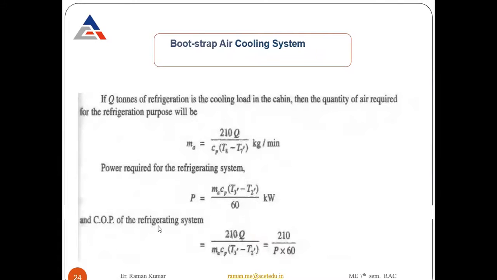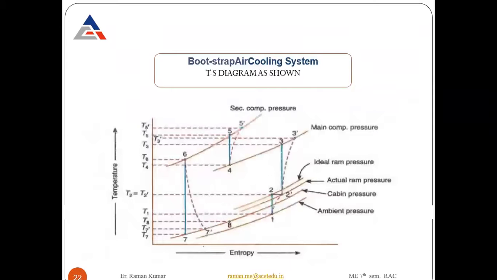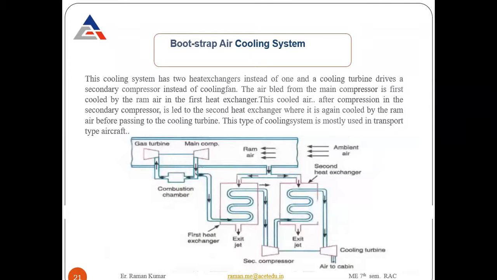The COP of your refrigeration system is 210 into Q divided by MA CP (T3 dash minus T2 dash). So this is how you can calculate the value of the COP. As I have already told you, you only need to calculate the power from the main compressor. Okay. So this is all about the bootstrap air cooling system.